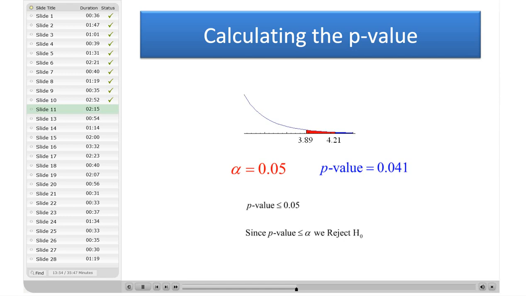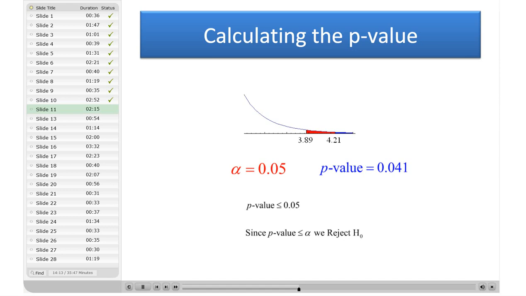Now we're not using a normal curve here, we're using the probability distribution for an F distribution. So we're actually finding the area under an F distribution curve to the right of 4.21. It's the blue area in the diagram, and that gives us a p-value of 0.041.